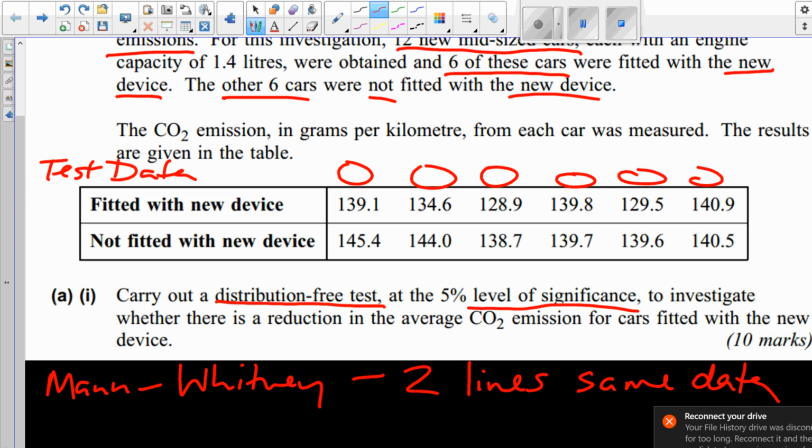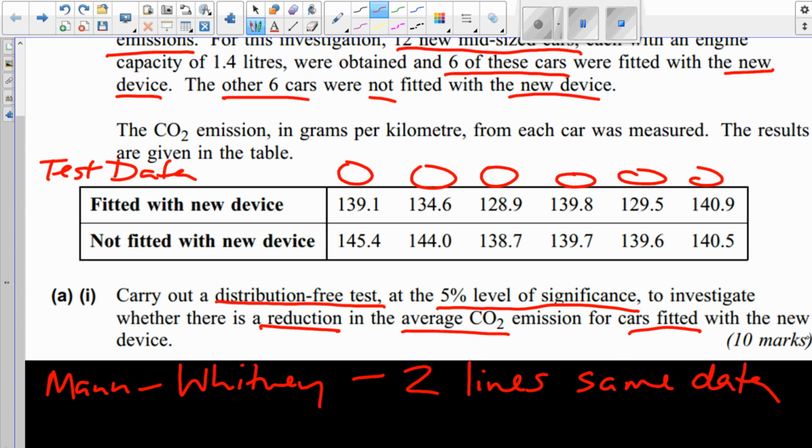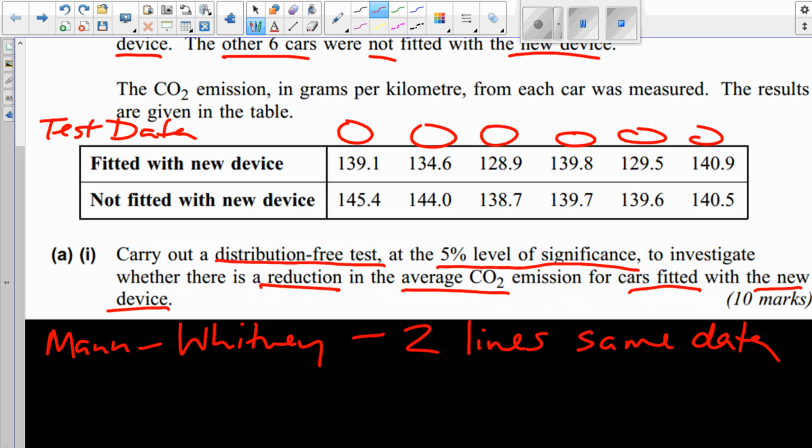Now, on a 5% significance level, to investigate whether there's a reduction in the average CO2 for cars fitted with the new device. Okay, so that really helps because that's basically getting us to where we need to be in terms of determining our tests.